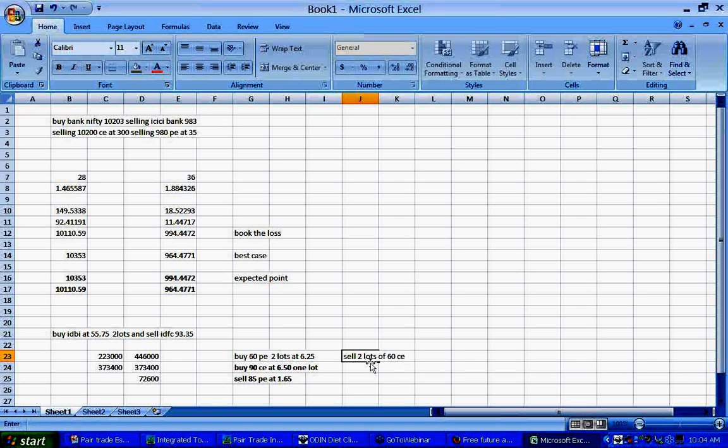It is not required at this particular time, but still if you are feeling to hedge it, you can sell some call option at 1 rupee 55, near about 1 rupee 50 paisa. You will get it, so that you have not paid anything as time value to the market.